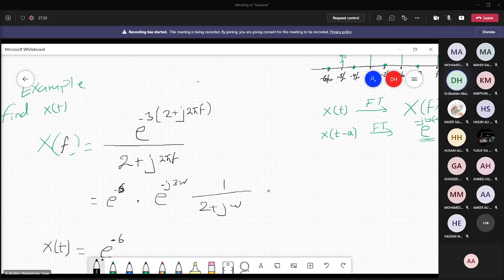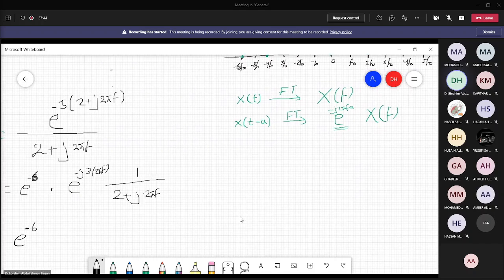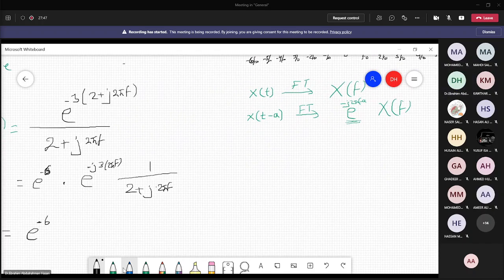Notice now, this is exactly equal to this one. Okay, similar, equal to this, where a equals 3.